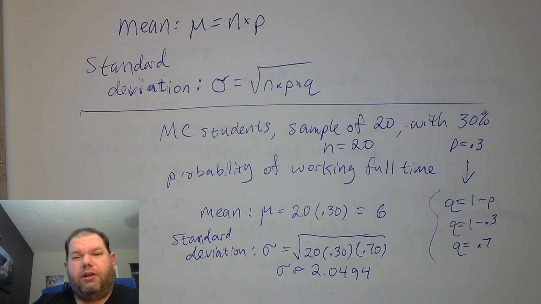Hopefully by then we'll get a better understanding of standard deviation, because I know at this point in the semester a lot of students don't tend to have a great understanding of it, which is okay. As long as we're able to calculate it right now, that's all we're looking for. So, any questions?